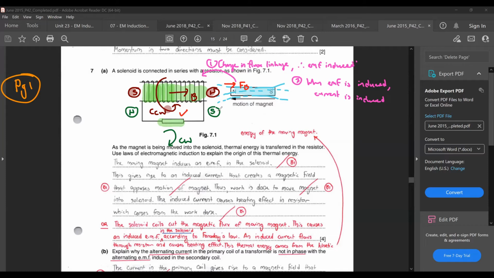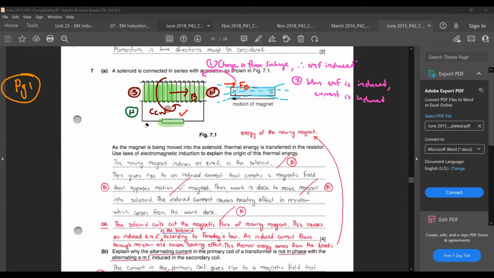In the case that this one is south and this one is north, the magnetic force acting on my magnet will be in this direction. This one is actually trying to pull the magnet in even further. It's going to cause an even larger increase in flux linkage. It's actually making things worse. It isn't opposing the flux change, it's actually supporting the flux change. It's trying to make it even bigger. So this one will be the wrong one. Okay, right? So that was the essence of Lenz's law.